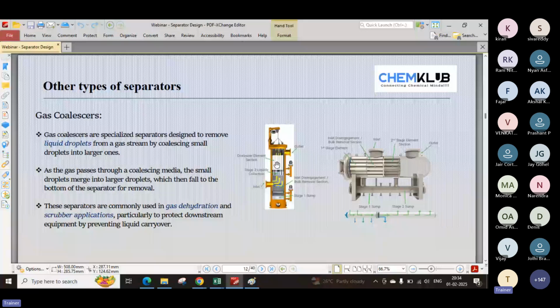They form a tiny liquid drop, they come together, form a higher volume, and then they fall down. In this one, the initial separated liquid is separated at this point, and in the upper chamber it is taken out from these sections. So this is the two-stage separation that we have.